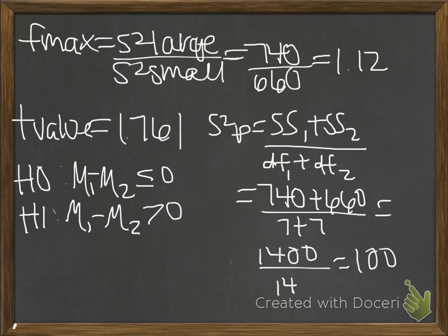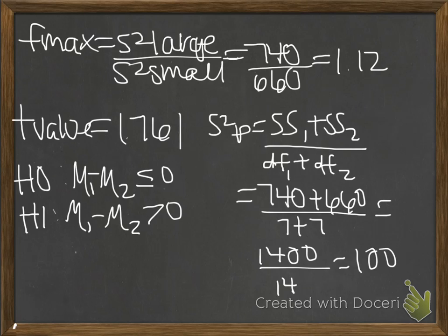For a one-tailed test, our null hypothesis is that the difference of the population means is less than or equal to 0, and the alternative hypothesis is that the difference of the population means is greater than 0. We do that instead of doing equal to 0 or not equal to 0 as in a two-tailed test.